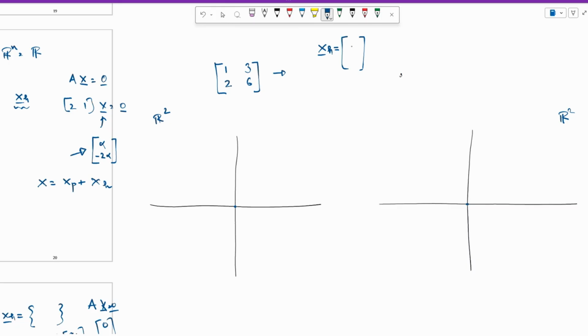Sorry, what is the first value? Okay. Okay, let's see. Two alpha. So that will give me 2 alpha minus 3 alpha. That'll give me minus alpha. That won't give me 0.